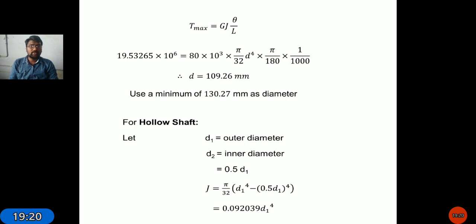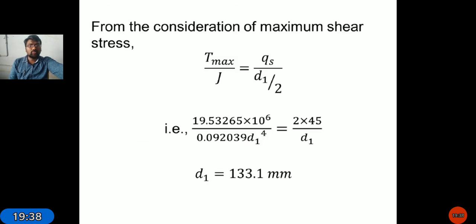Therefore, from this condition we can calculate the polar moment of inertia, that is J equals pi by 32 into (d1 power 4 minus (0.5 d1) power 4). By simplifying this equation we get the value of J as 0.092039 d1 power 4.